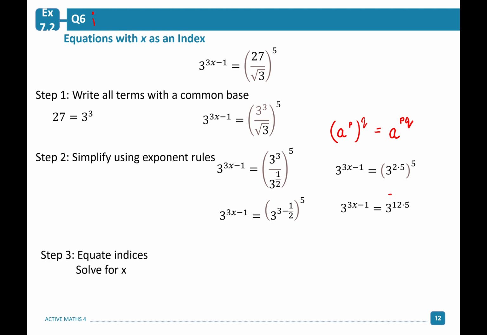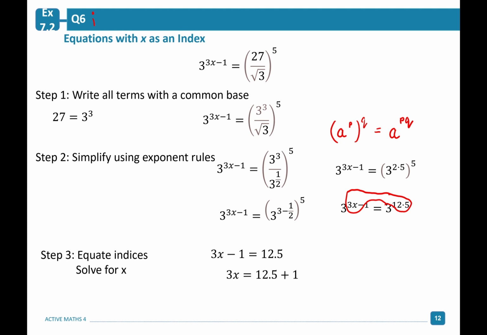We've now simplified our expression, so the final thing we're going to do is equate our indices. So I'm going to take all of my indices here, and I'm going to solve for x. This gives me 3x minus 1 equals 12.5. To solve for x, I need to move my numbers to the right-hand side of the equation.